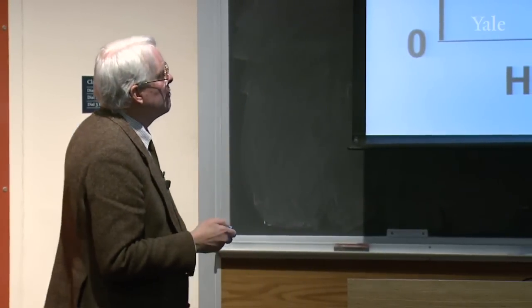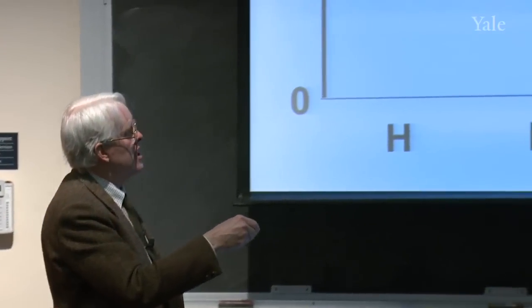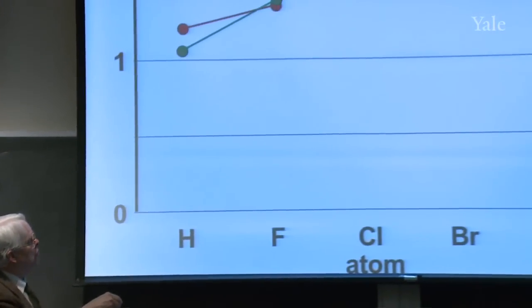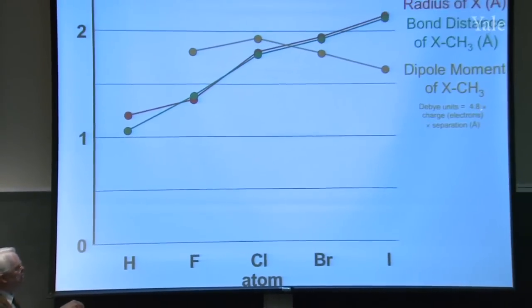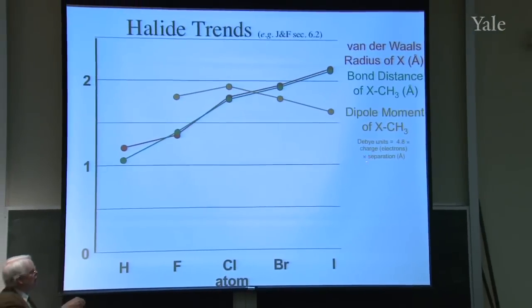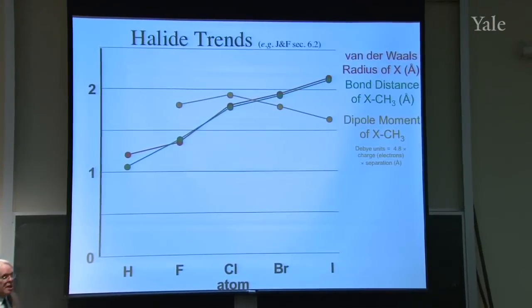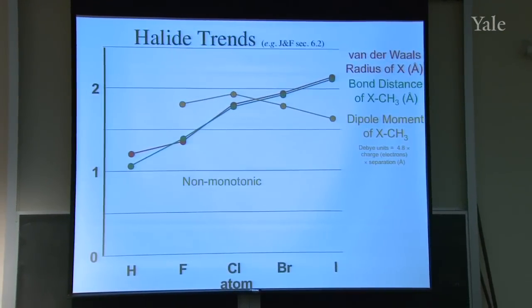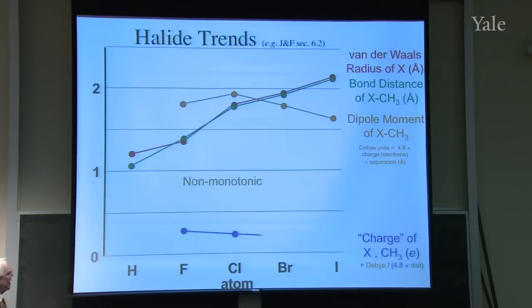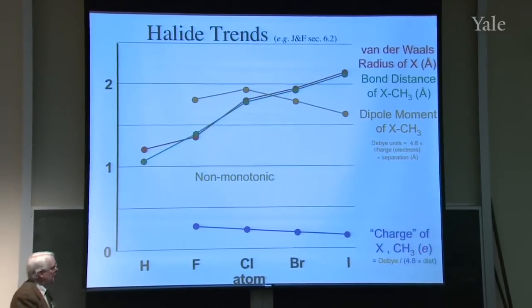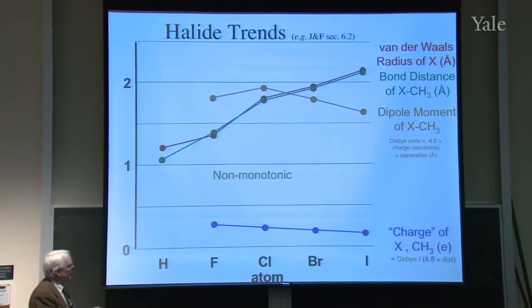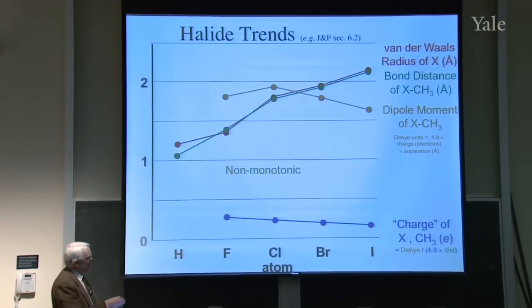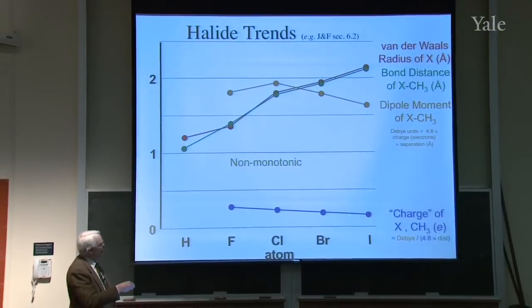So if we look here, this is incidentally measured in debye units, which is 4.8 times the charge times the separation. Now we know the separation, and we notice that it's not monotonic, and here's the charge, how many electrons have been transferred, right? And that's quite monotonic, right?